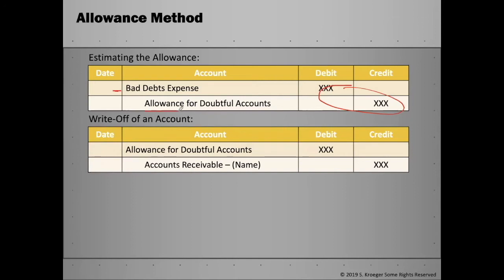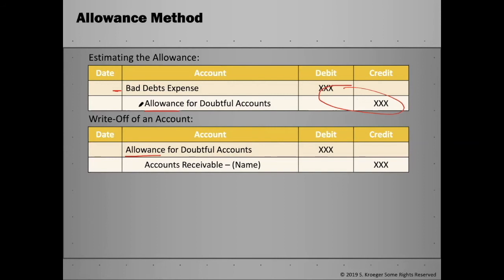And we put the amount we think will be uncollectible in allowance for doubtful accounts. So we're going to take it out of the allowance for doubtful accounts because we thought a certain amount of people would default. Some people did. Now we think it's going to be a lesser amount. We're going to debit allowance for doubtful accounts and then credit the accounts receivable of the customer who defaulted.